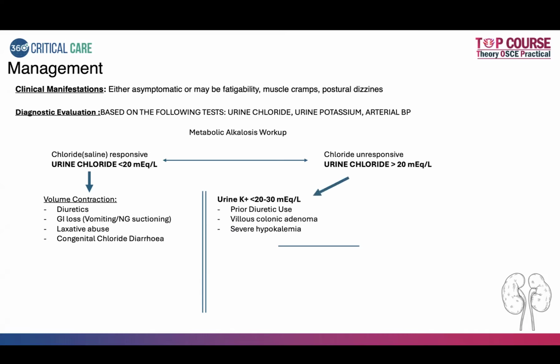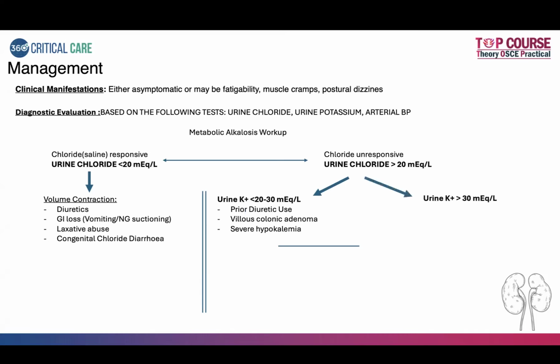In these cases, we need to assess if the urine potassium is low or high. So if the urine potassium is less than 20 milliequivalents per liter, then it indicates prior diuretic use, villous colonic adenoma, or severe hypokalemia as the cause of metabolic alkalosis.